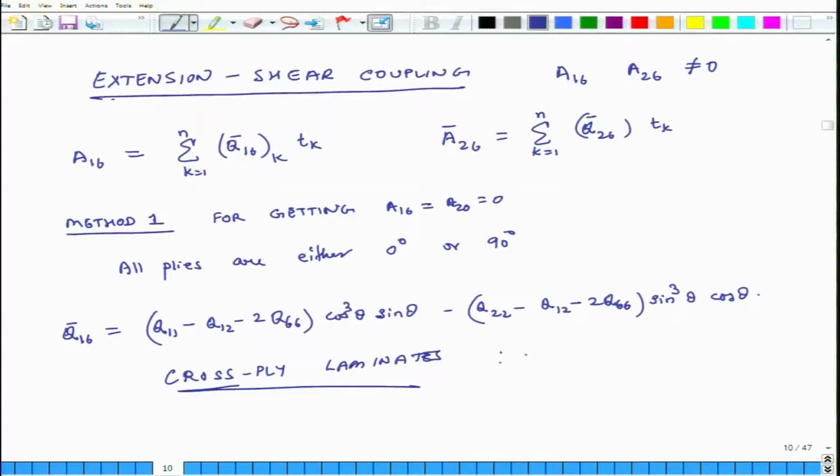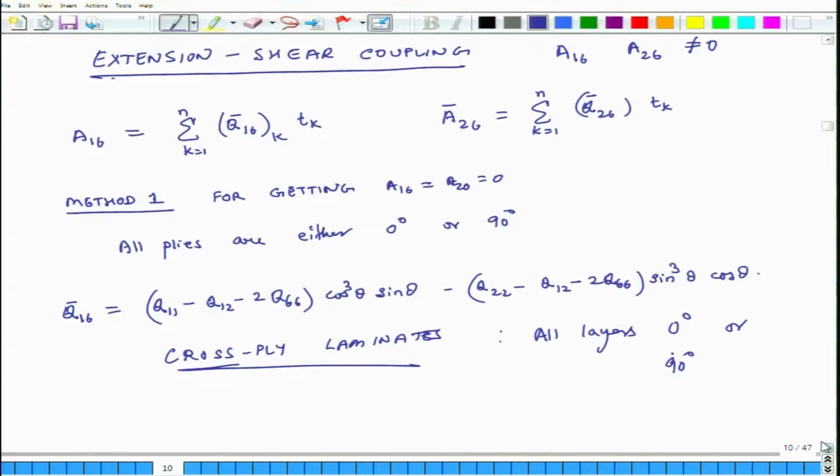So, in cross ply laminates all layers are either 0 degrees or 90 degrees. You can also have a unidirectional system where all layers are 0 degrees. That is also there. So, this is the first method.